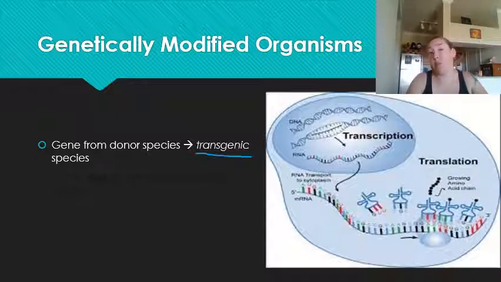So a common GMO, and I don't know if you've heard of this, these are really cool: there are freeze-tolerant tomatoes that produce a natural antifreeze, so you can plant them a little bit earlier, and if you experience a freeze, less of your crop is completely destroyed. And this gene that produces this natural antifreeze, which is a protein that lowers the freezing temperature of whatever fluid it's in, comes from a fish that lives in Antarctica.